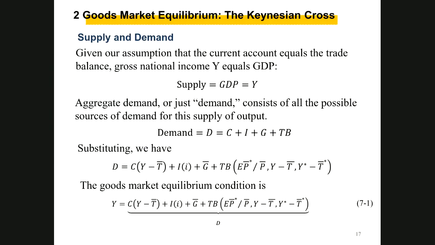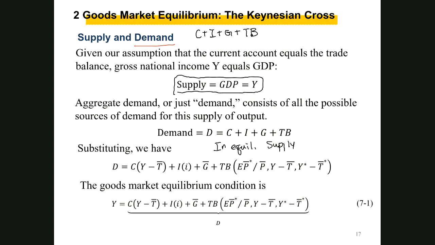Okay, so now we have already constructed the demand side. That's C plus I plus G plus trade balance. And now the supply side is just straightforward. It's just equal to the GDP. So you will see in the equilibrium, supply is equal to demand.